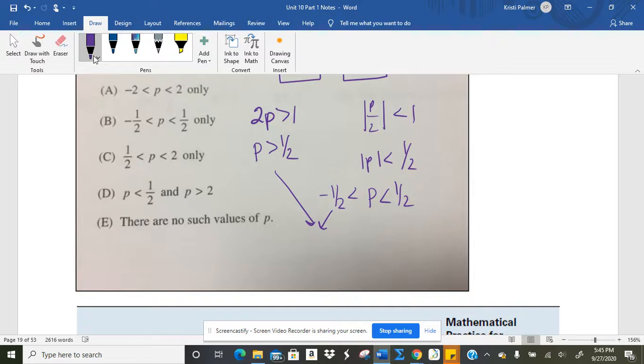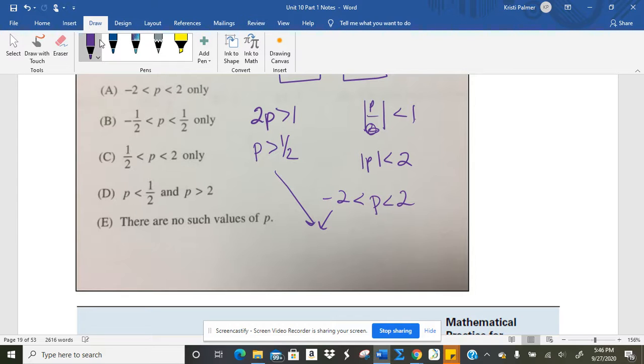Oh shoot, I just messed up. Not 1/2. Multiply by 2. Oh my goodness gracious. Okay, sorry. Multiplying by 2, we get a 2 over here. That was already divided. Hopefully some of you caught that. If not, it's okay. So that would be a negative 2 and 2, not 1/2.